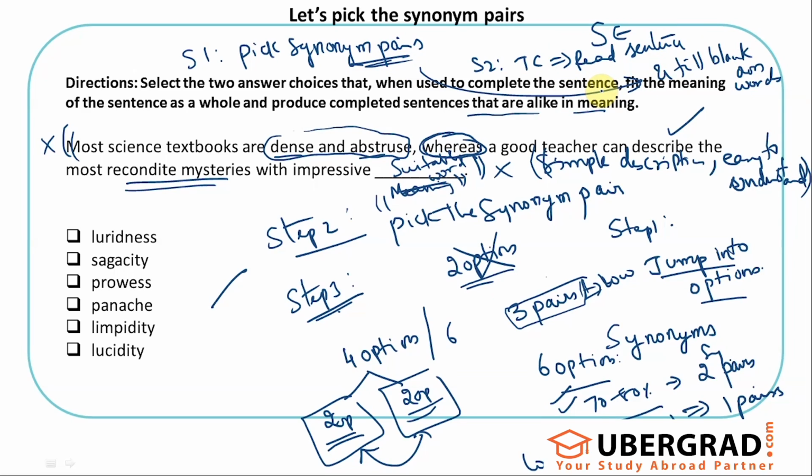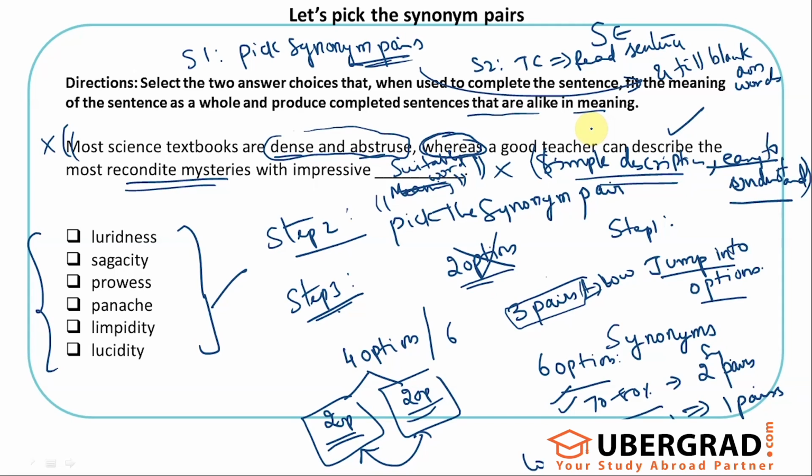So what I would say is, I hope you have tried to make them into pairs, synonym pairs here, and you also have understood what would be a suitable word here, right? Easy to understand style or simple description style. Now let's do one thing. What I'll do is I'll give you the explanation of these words. You cannot get the pairs or get the job done if you don't know the meaning of the word. So let's actually make it a little bit easier.